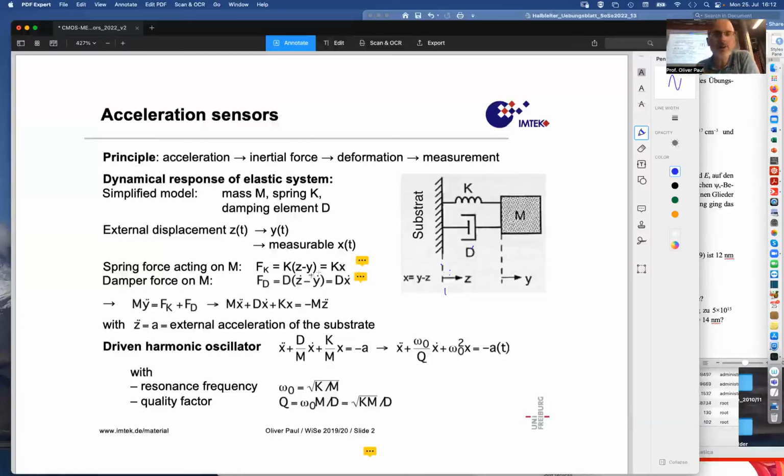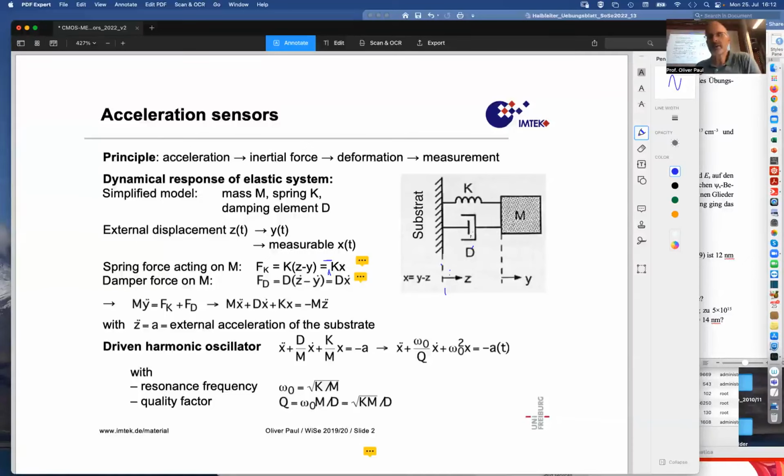Now I apologize here. I saw yesterday that there is a mistake, a minus sign that needs to be added here. x is y minus z. So that's the definition according to this picture. So we need to write minus kx here. And so this is one element.